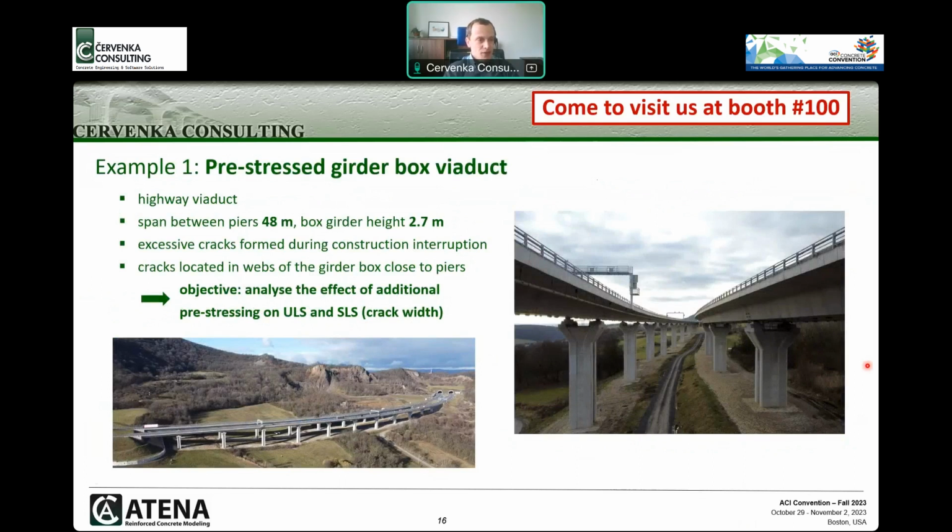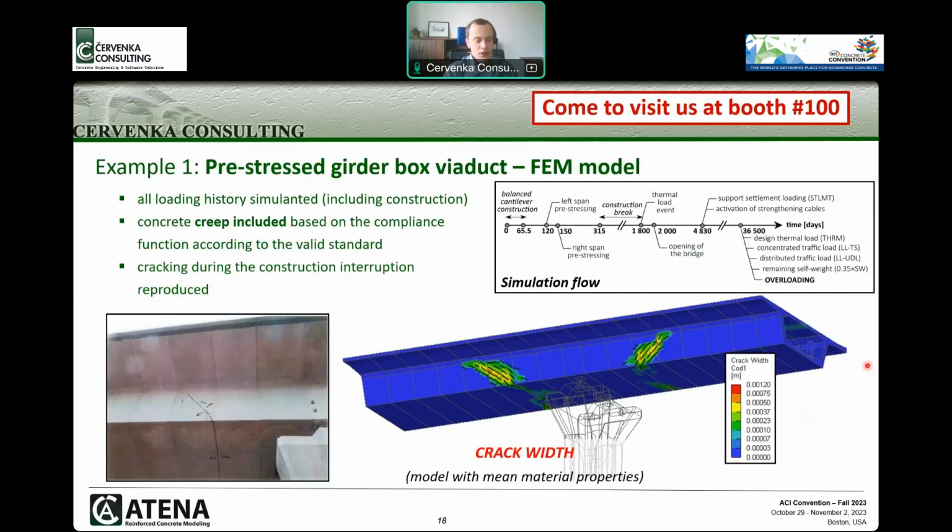This is a pre-stressed box girder viaduct with a span of 48 meters, and the height of the box girder is 2.7 meters. The reason why we were asked to create a model and provide the results was the fact that during the construction phase there were shear cracks developed in the web of the box girder.